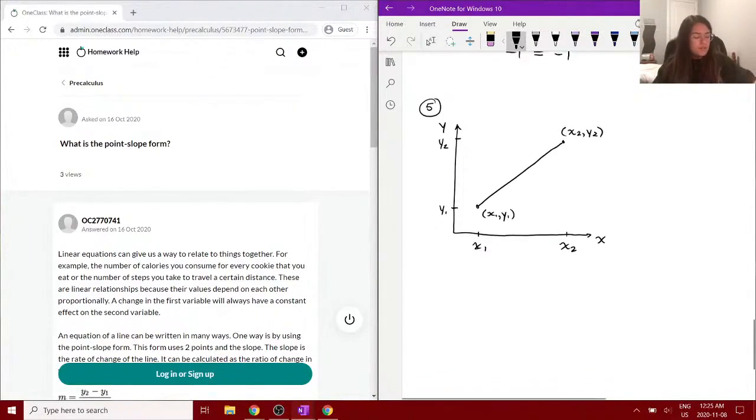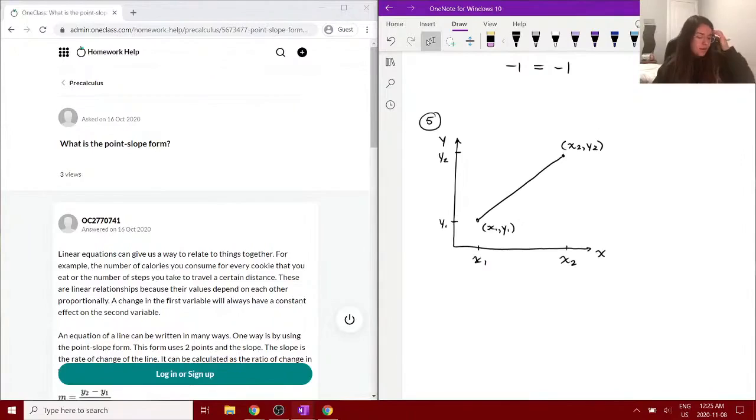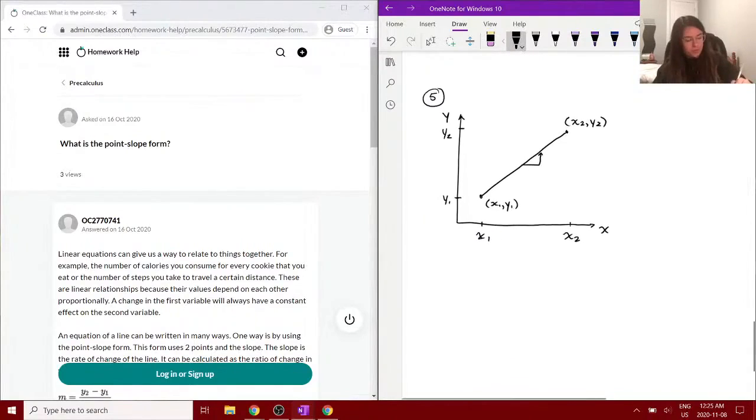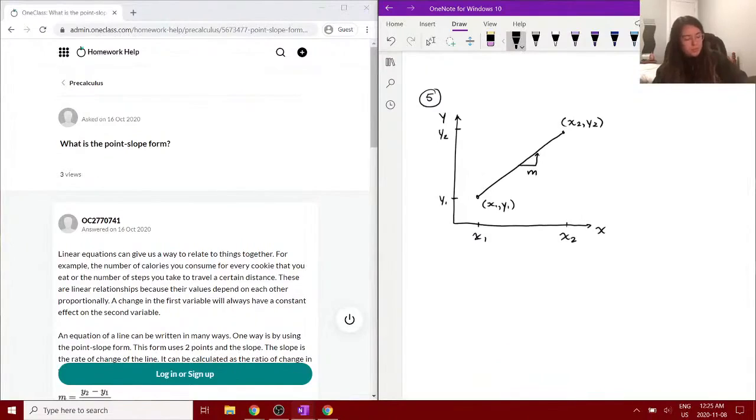All right. So if we want to find the equation of the line, one way we can do it is by using the slope, the point slope form. Okay. So this slope we like to call m.